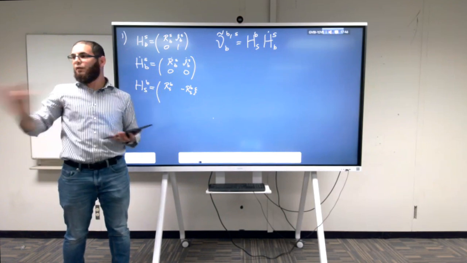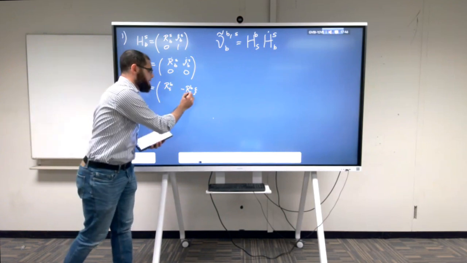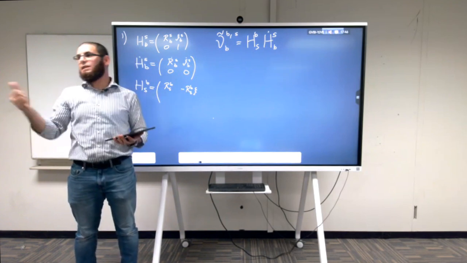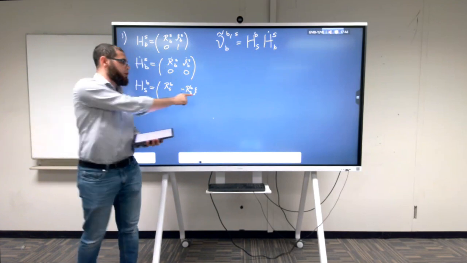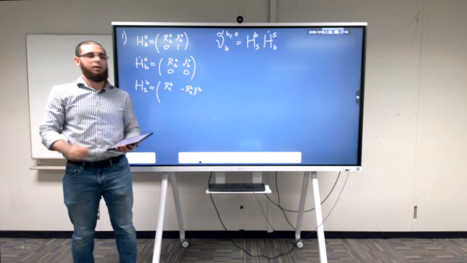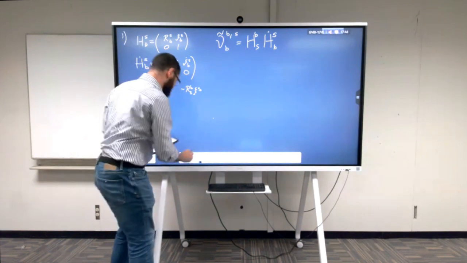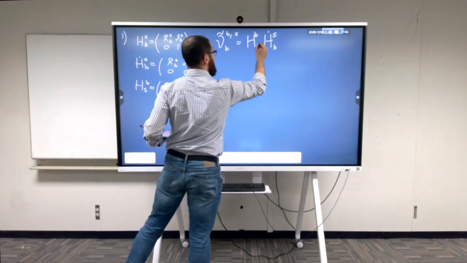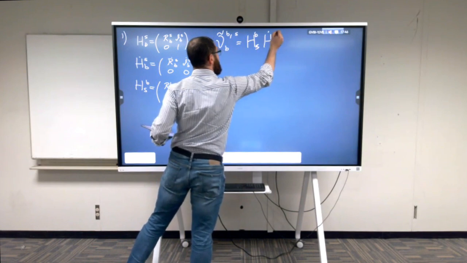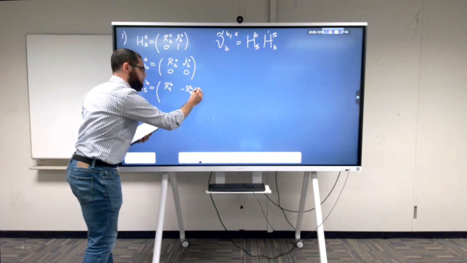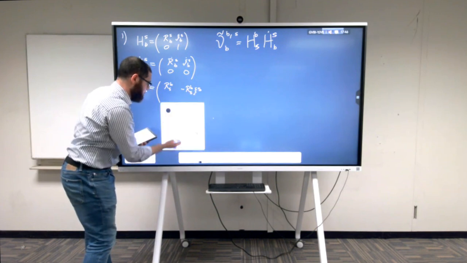Again, to never make mistakes. This is an S down, which means that it's going to map some vector in the S frame to the B frame. So where should the psi be represented? In the S frame. Again, you remember this idea that these should cancel out, or at least these should match. So these frames should always match together. The same here. So if this is S down, this should be S up.